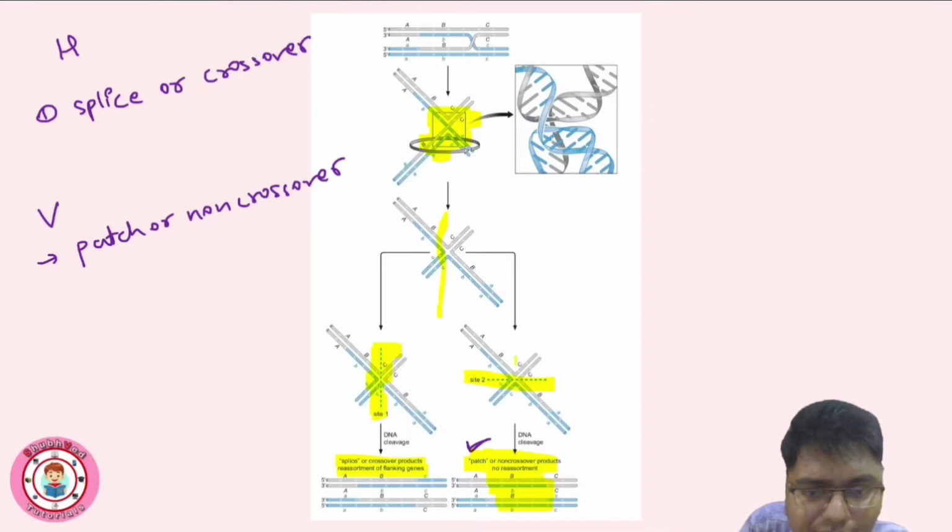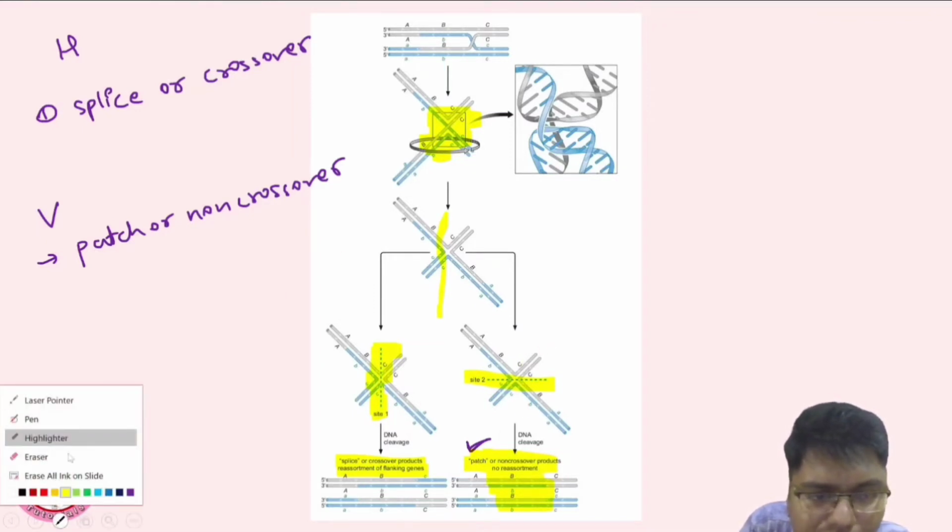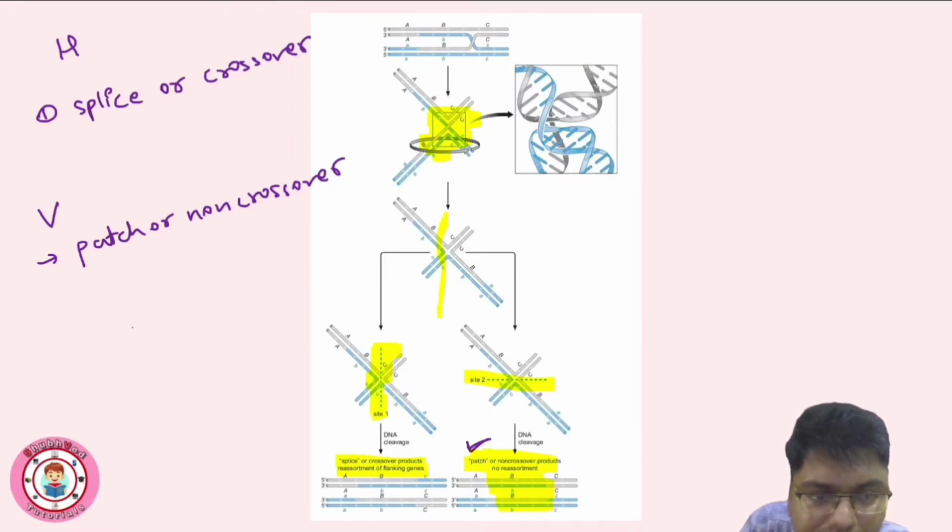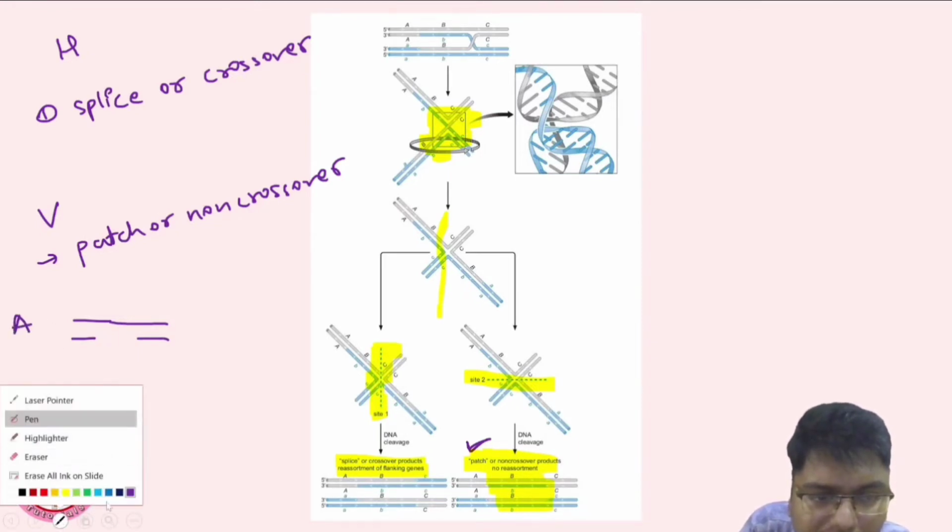This is a vertical product which is giving rise to a patch. See, this is a DNA. And here this is A. Another is B. Another is B here.